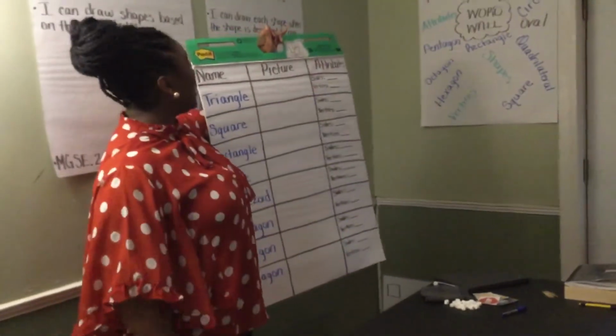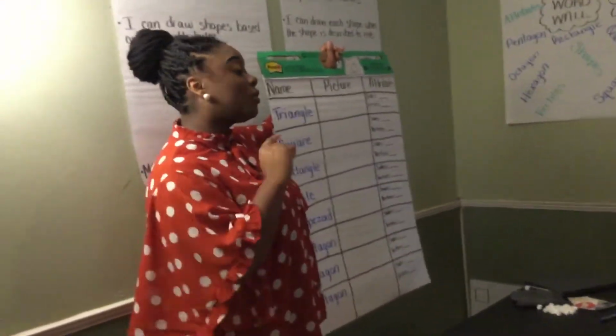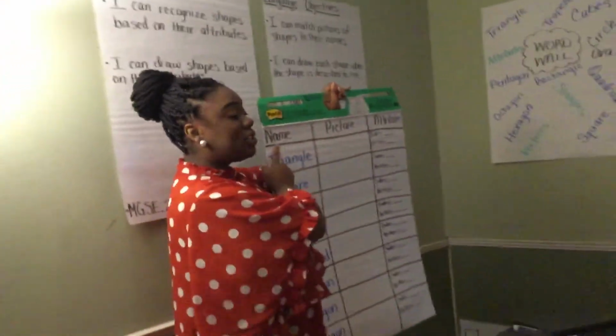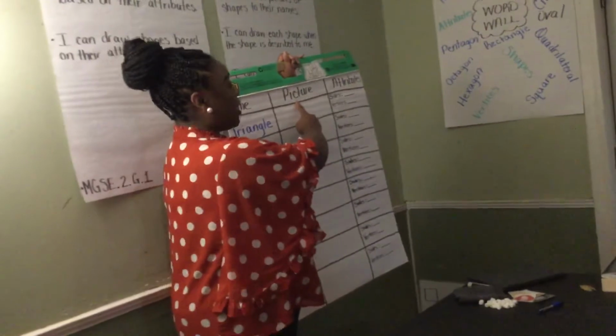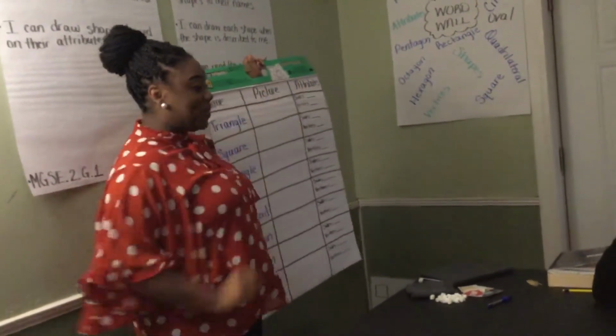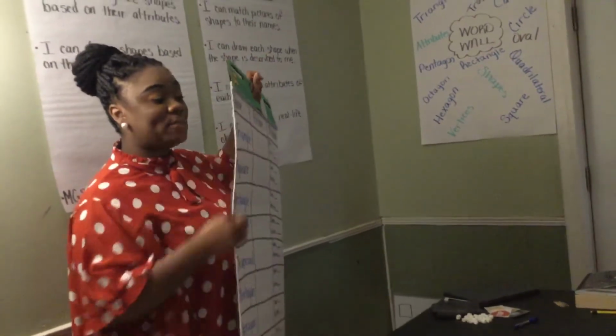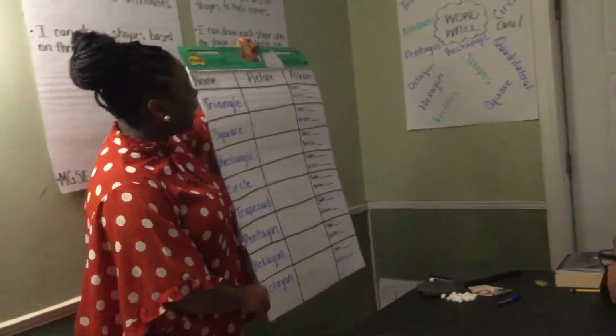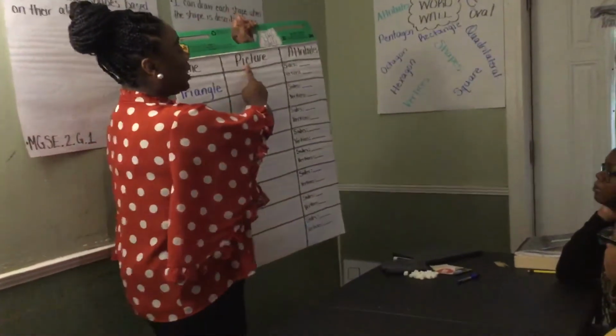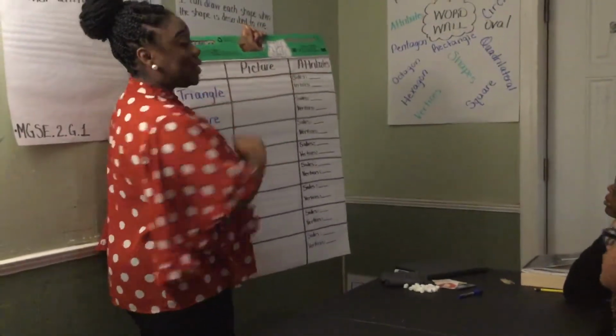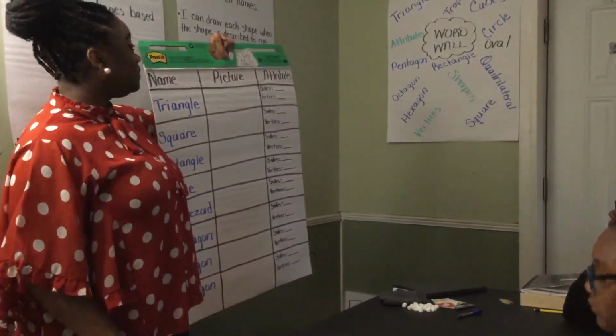This graphic organizer allows us to categorize the names of our shapes, the pictures of our shapes, and the attributes of our shapes, okay? I filled in the names for you. You have to draw the picture and then tell me the attributes of the shape.